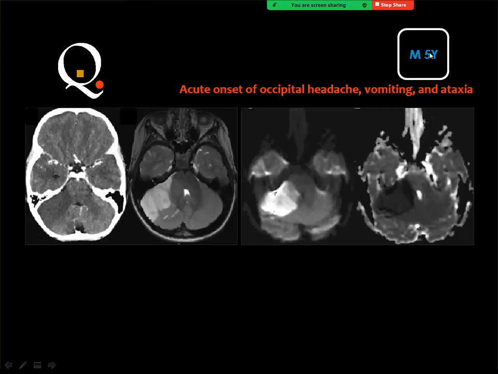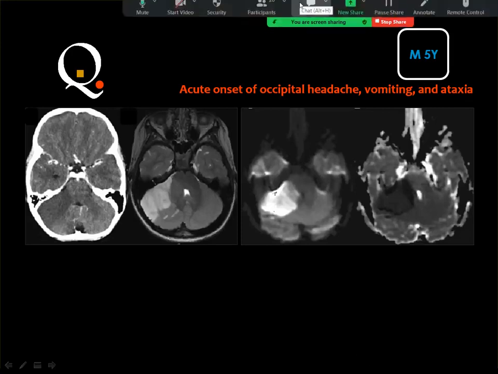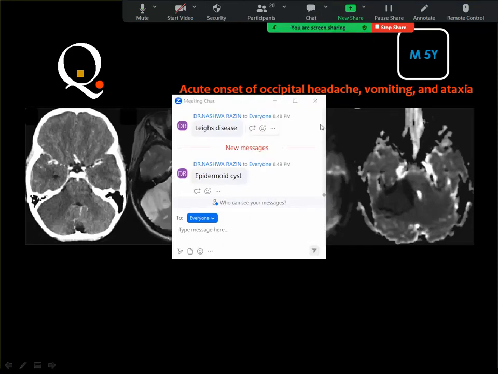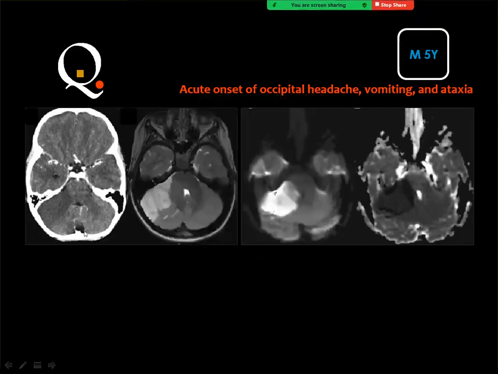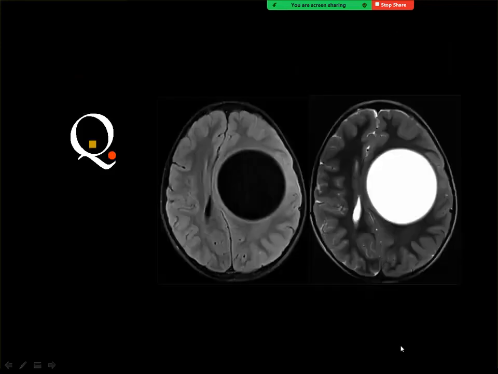And this is a male child, 5 years old, with acute onset of headache, vomiting, and ataxia. Yes, and this is epidermoid cyst, characteristic location, characteristic appearance. Right cerebellopontine angle cystic lesion, hypodense in the CT with no enhancement, high signal in T2, and marked diffusion restriction, diagnostic of epidermoid cyst.